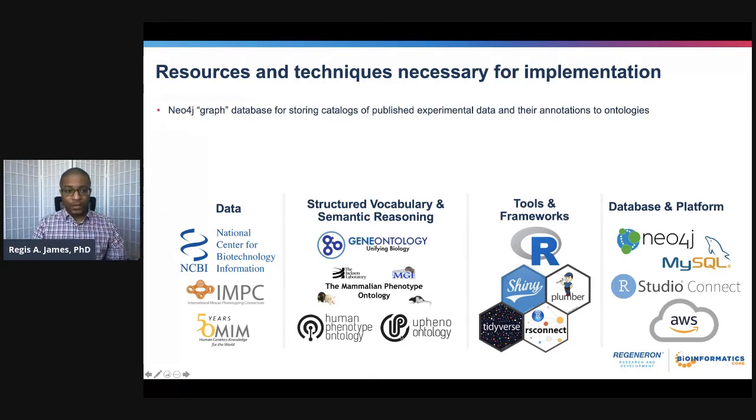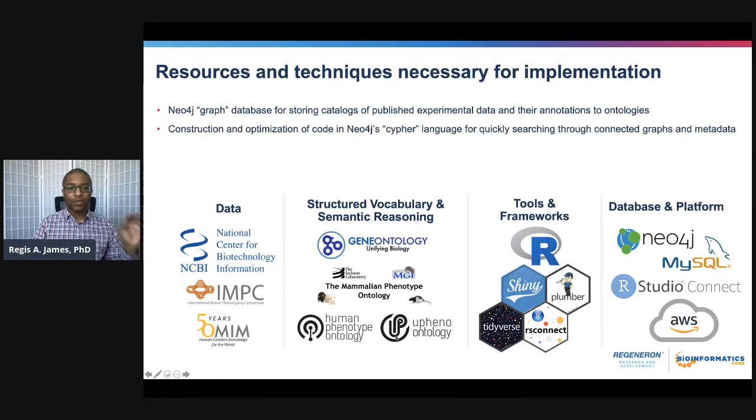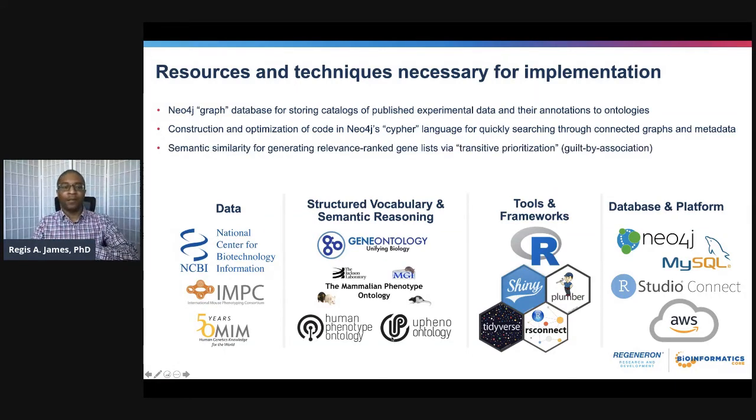The Neo4j graph database is for storing these catalogs, and then the construction and optimization of the code in the Cypher language that Neo4j uses for querying the data can be done using R, initially directly, but then eventually dynamically using R. And then semantic similarity is a part of computational reasoning that can be used to help the computer identify potential effective or likely effective therapeutic hypotheses.